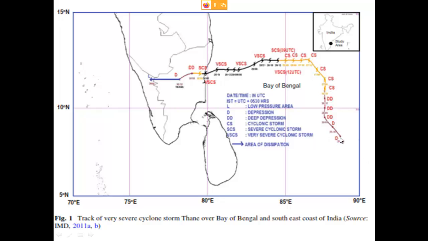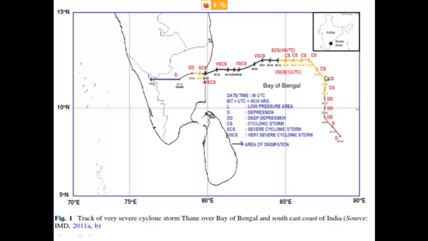Initially it will just build up. We see this is the India map. Somewhere here it is starting, that Thane Puyal started at this place with the depression, then slightly it has moved where the depression has become a deep depression, and this deep depression has converted into a cyclone storm.